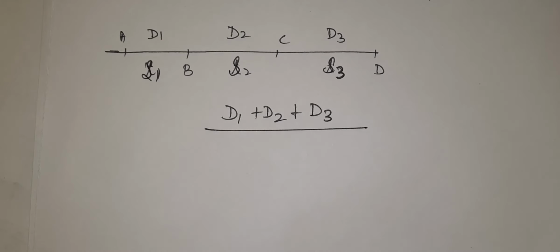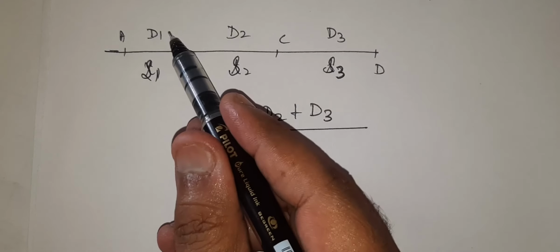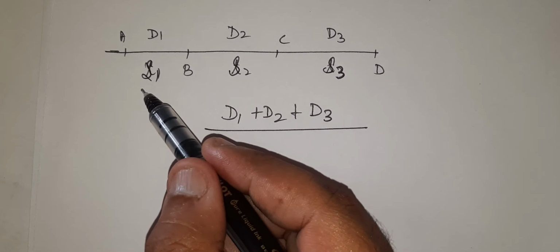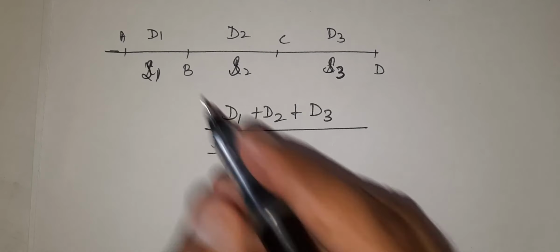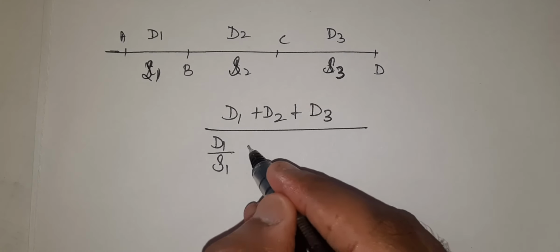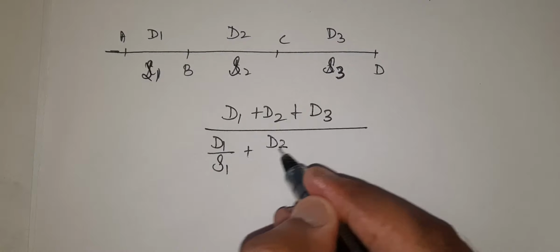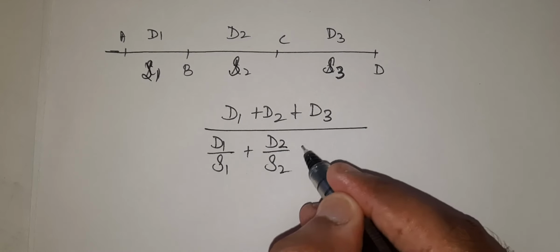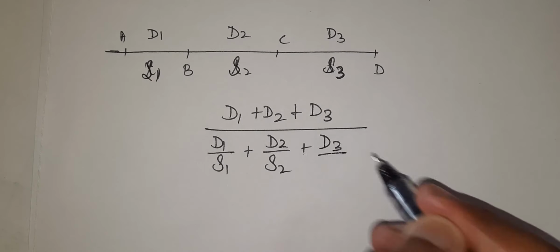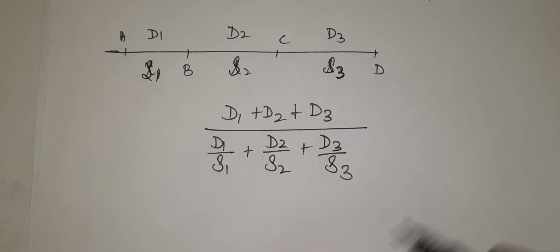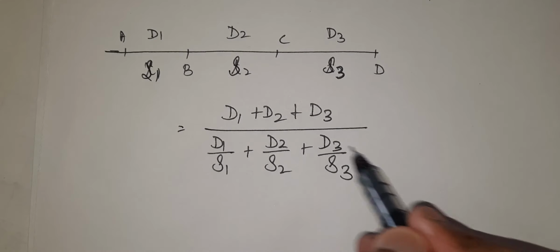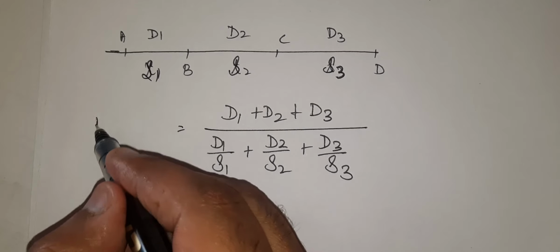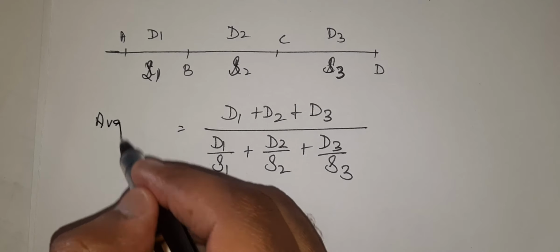Total time: distance divided by speed gives you time. Distance d1 is moved with speed s1, distance d2 with speed s2, distance d3 with speed s3. Like this you get total distance and from here you will get total time.